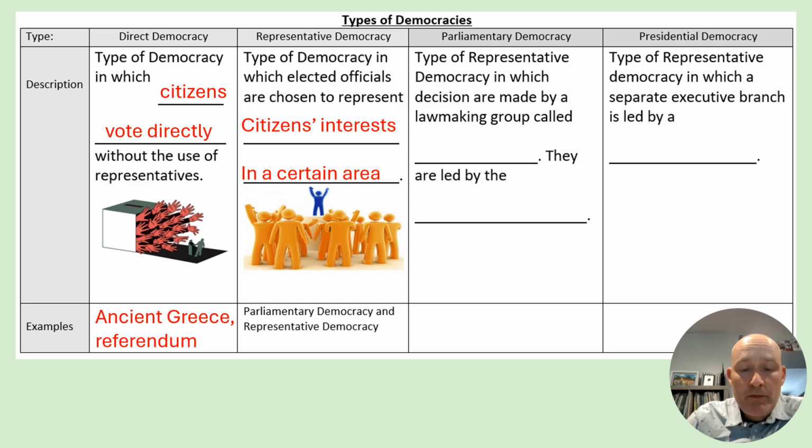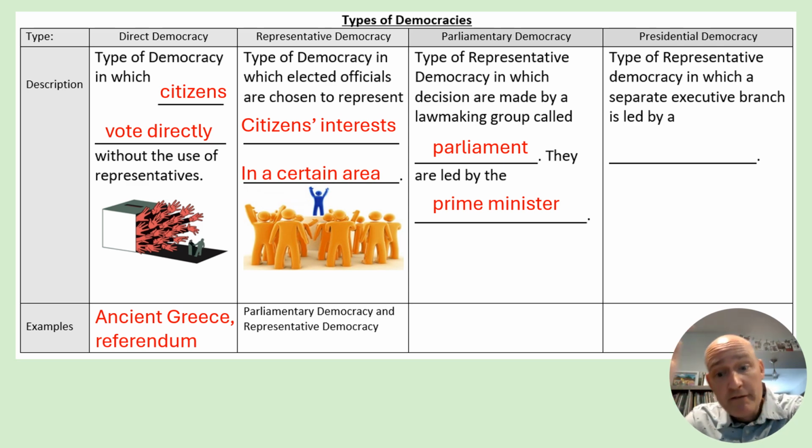So a parliamentary democracy is a type of representative democracy in which decisions are made by a law-making group called parliament. So they're like our Congress, but they are led by a prime minister. And the difference is that the parliament, the legislative body, votes for who the prime minister is. So they don't directly vote on the prime minister.